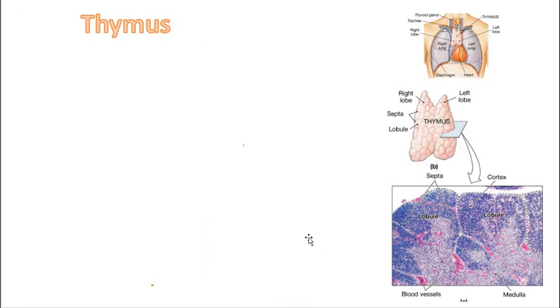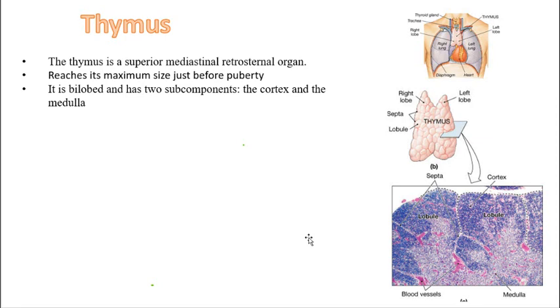So now let's look at the thymus. What is the thymus? The thymus is basically an organ that's located behind the sternum in the chest. It reaches its maximum size just before puberty, and it consists of two lobes.